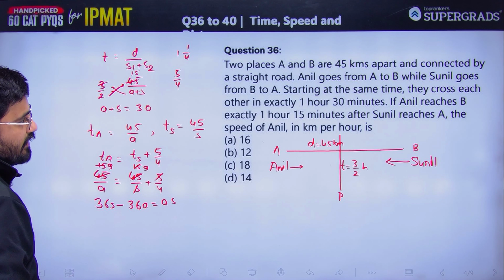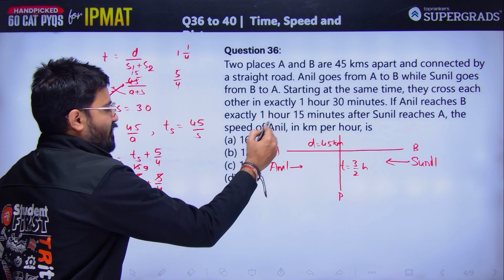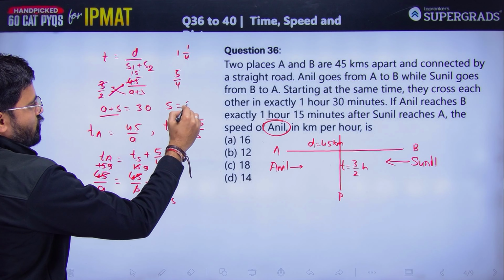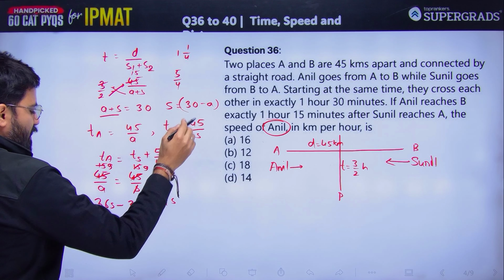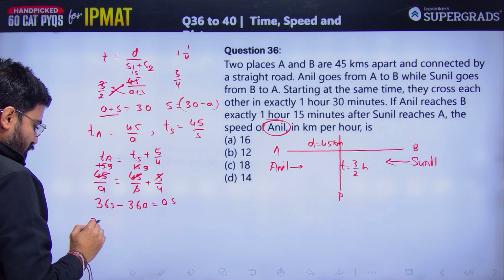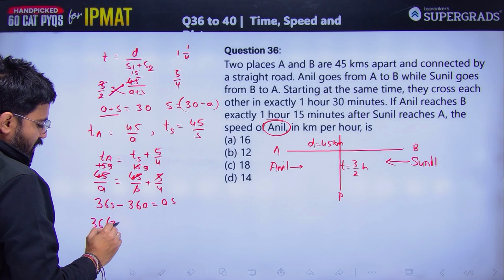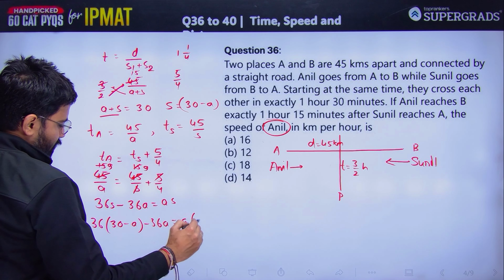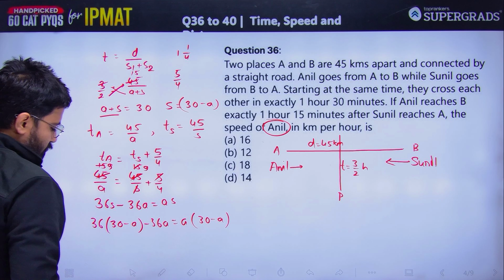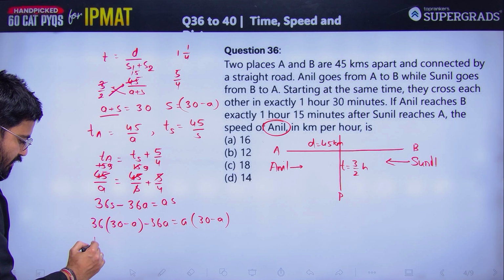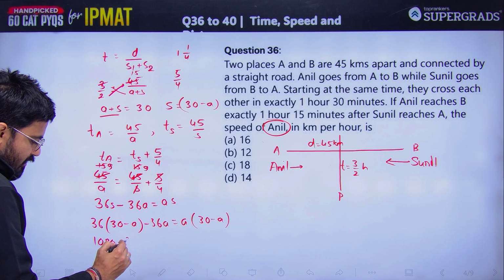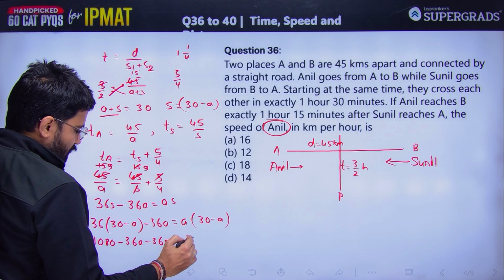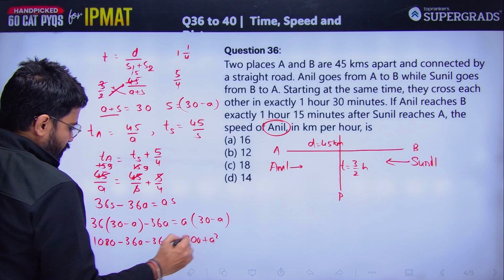And now they are asking me the speed of Anil. So I will convert S into A. I can write S is equal to 30 minus A. And I can put here 36 into 30 minus A minus 36A is equal to A into 30 minus A. From here I get 36 into 30 is 1080 minus 36A minus 36A is equal to 30A minus A square.